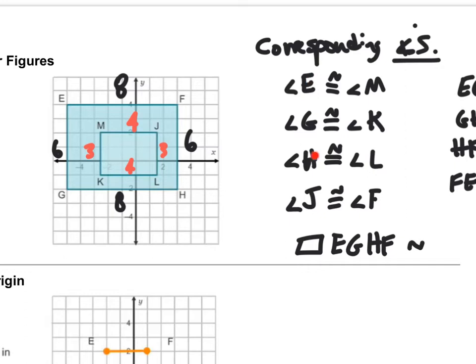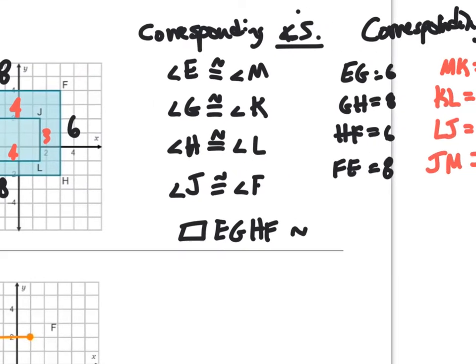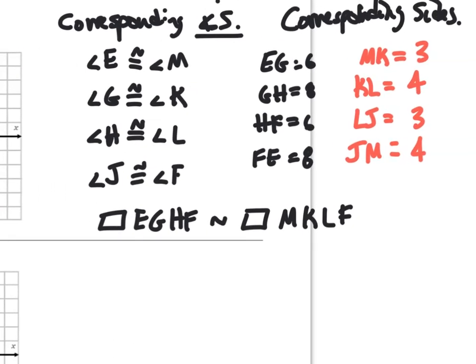So EGHF matches up with MKLJ, and we have to write it that way. Because it gets smaller, because EGHF is the bigger one, and this is smaller, I know that my scale factor n is equal to 1/2, or n is equal to 0.5. It has to be a fraction because it gets smaller.